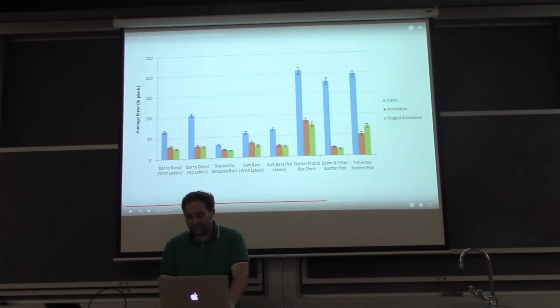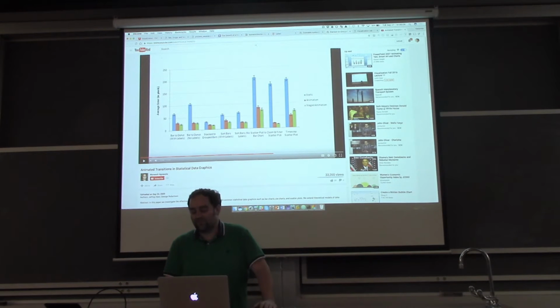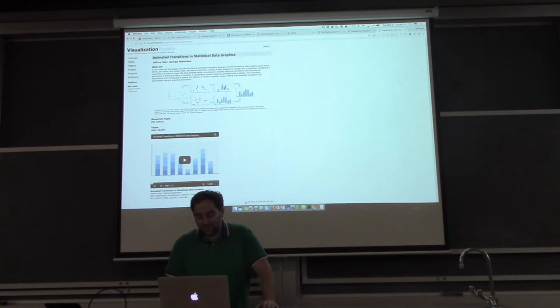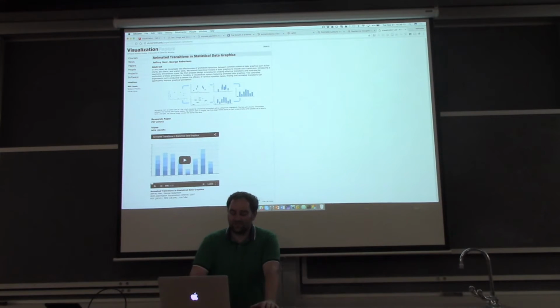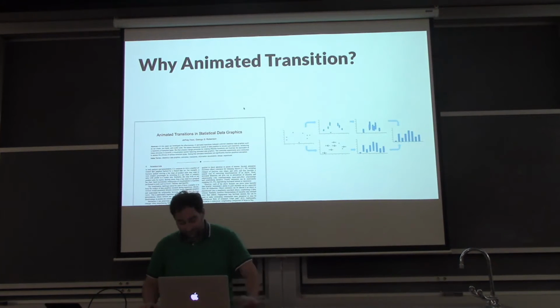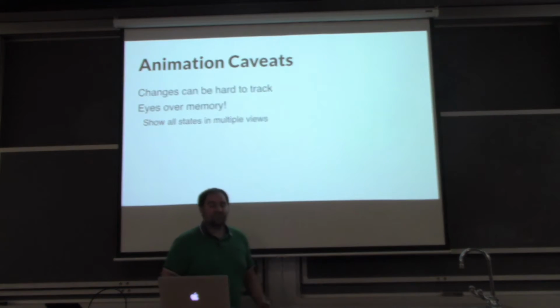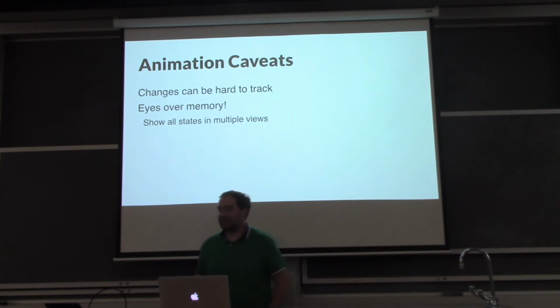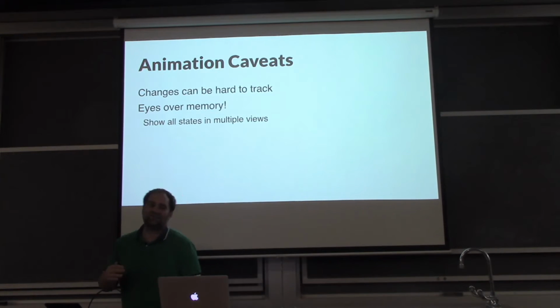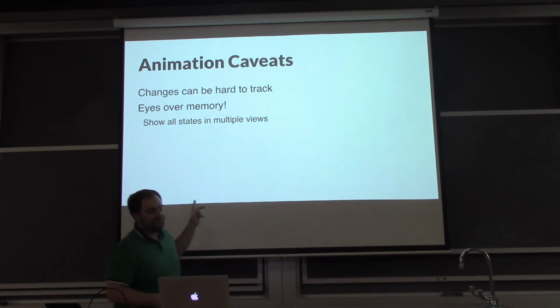So yeah, you always have to read a study thinking about the limitations of this study and how generally it is applicable, because I'm sure it tested the right thing, but how generalizable are these results? So changes generally can be hard to track, and if you ever find yourself doing a lot of transitions, think about this eyes over memory principle.